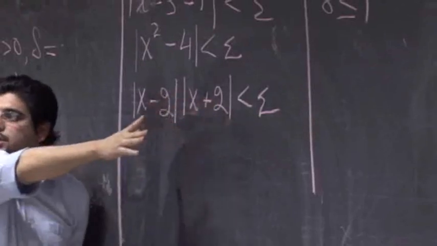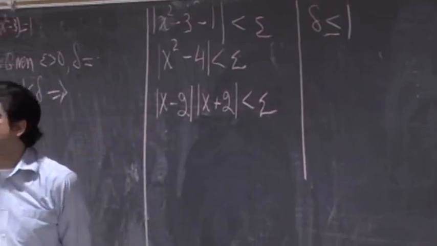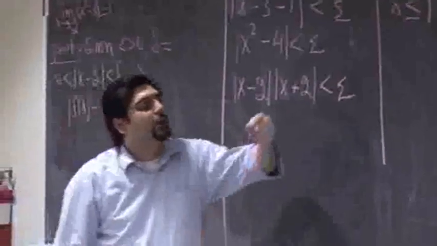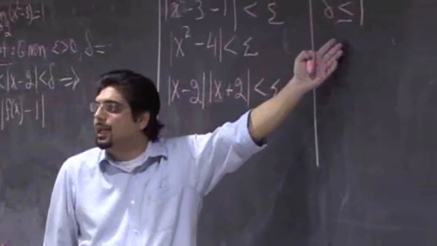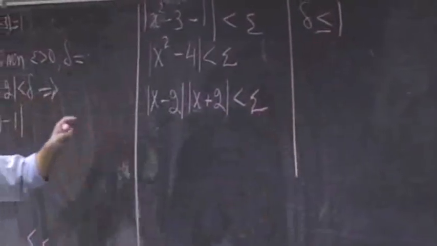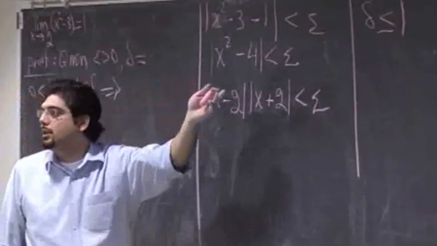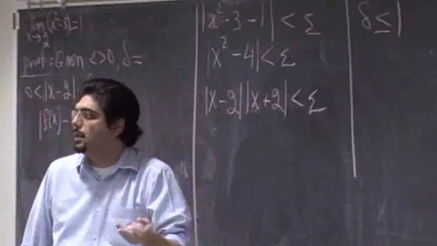What's the largest it could be? Well, we don't know where x is. So we simplify our work by saying x is within 1 unit of 2. So x minus 2 less than delta, and we're working with deltas less than or equal to 1. At least we know where x is then.